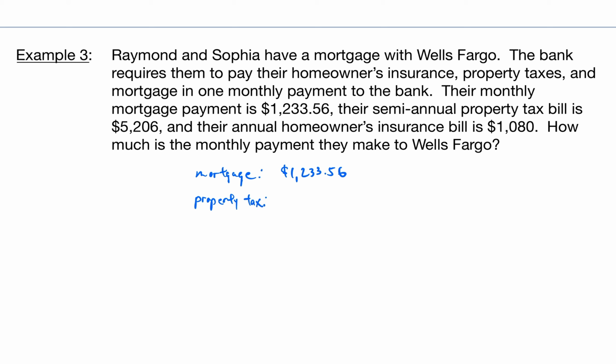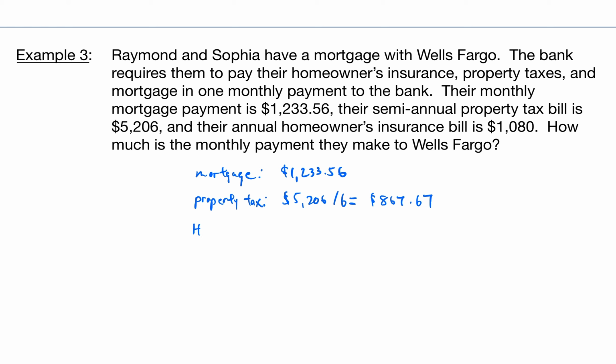We're told that it's $5,206, but we have to divide that by 6. And we divide that by 6 because it's a semi-annual property tax. So on a monthly basis, that's going to work out to $867.67.